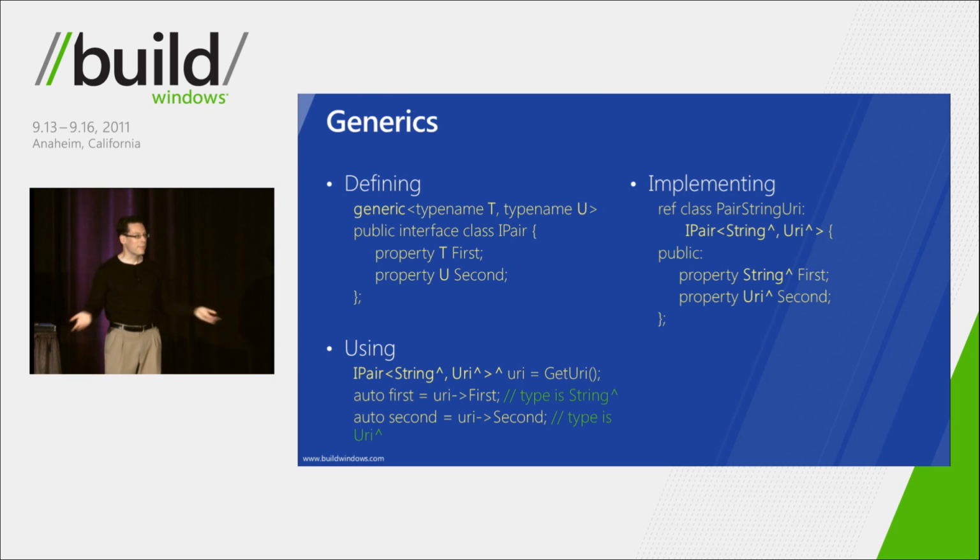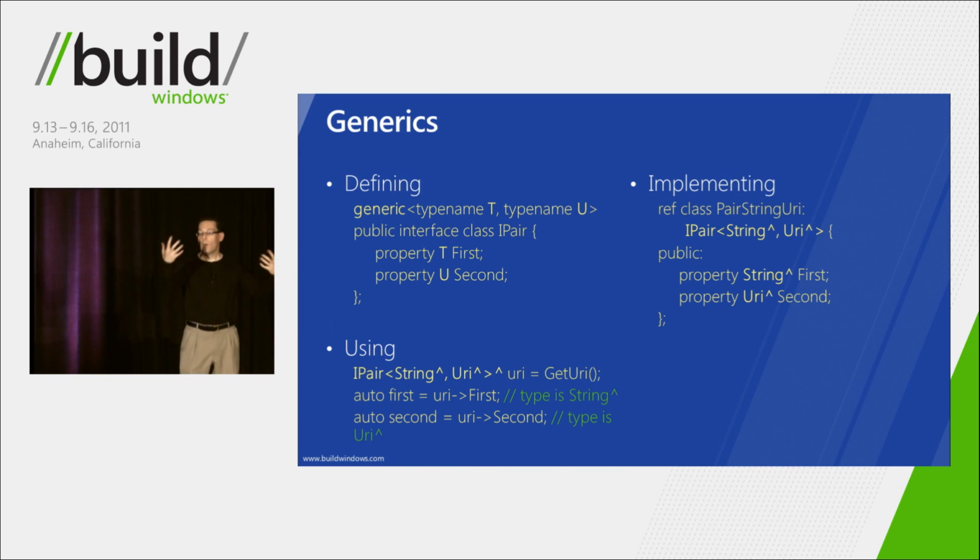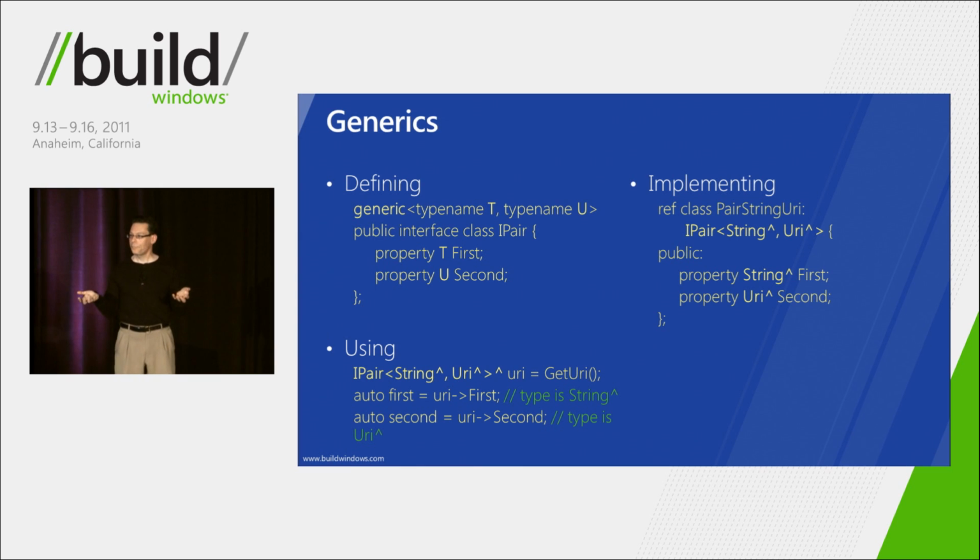We know how to do this, solved problem. So why are we talking about WinRT generics? Because generics are different from templates, and it's not either or. In C++, you can use both. I'm going to talk about C++ templates on the next slide. We still love them to death, and they're still very useful.